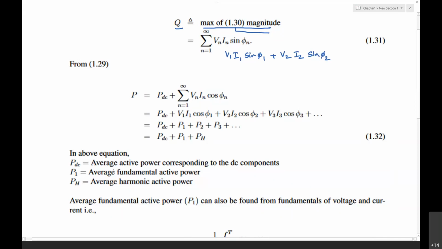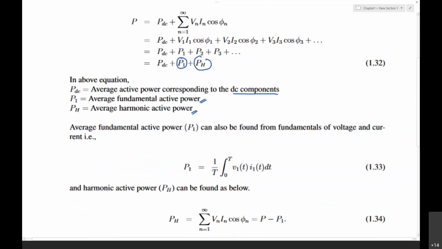In the above equation, PDC is the average active power corresponding to the DC components, whereas P1 is the average fundamental active power, whereas PH is the average harmonic active power. And P1 can also be derived by extracting the fundamental voltage and the fundamental current.